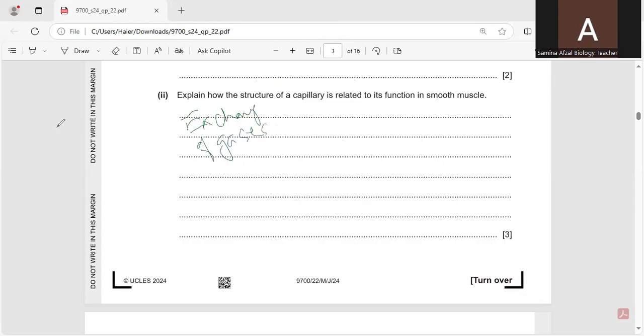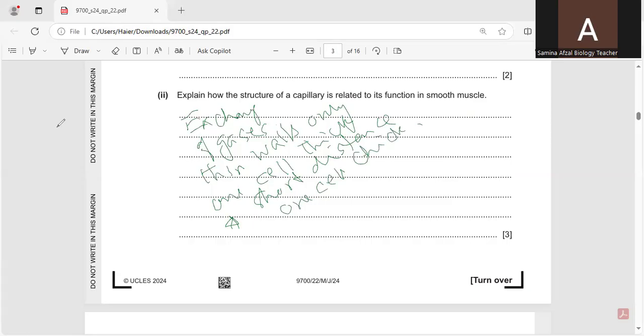So its structure, you can say, is very thin walls, only one cell thick, due to which it is very easy for the gases to diffuse into the capillary or diffuse out from the capillary. So they have to cover a very short distance, because it is only one cell thick.